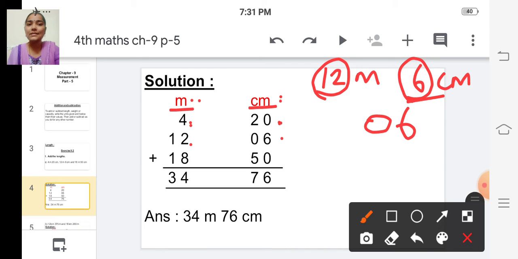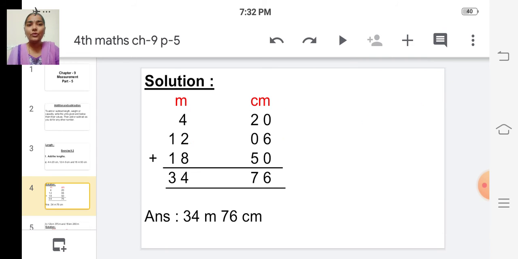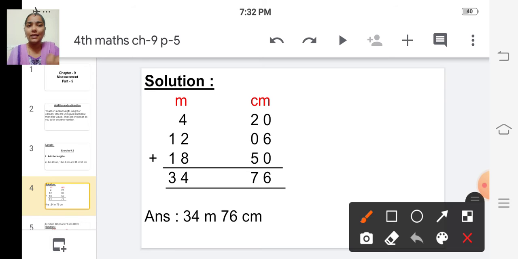The third length is 18 meter 50 centimeter, so write 18 below meter and 50 below centimeter. Now you can add these lengths.